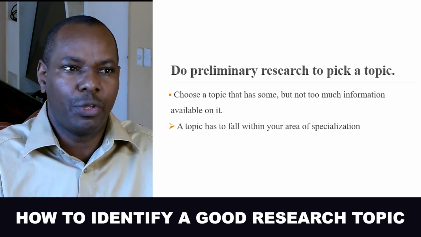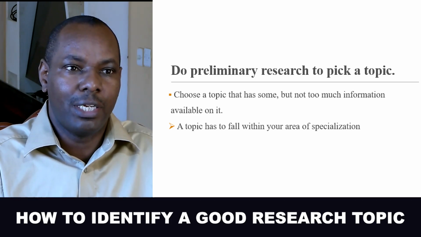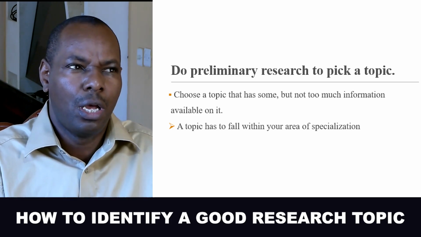A topic has to fall within your area of specialization. So if you're doing marketing, for instance, you need to ensure that the concept that you are researching about is in the area of marketing, or it is related. It can be applied. The same case applies to any other area of specialization.